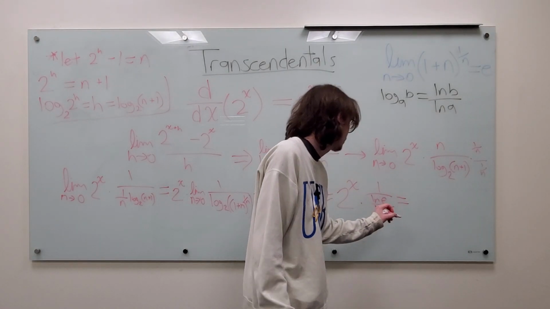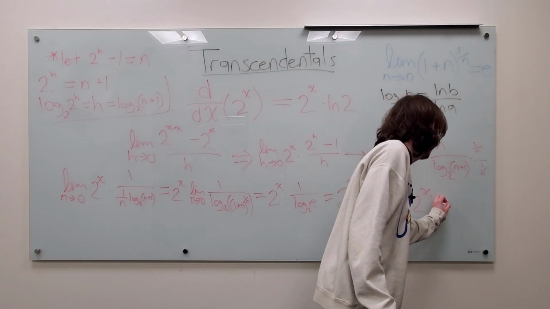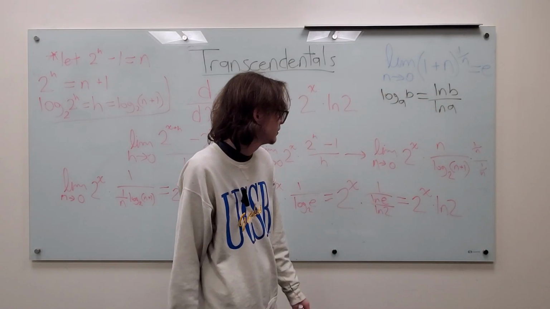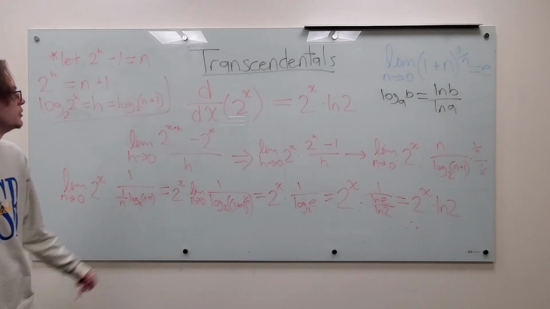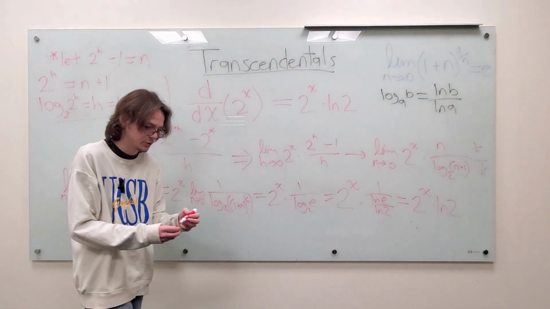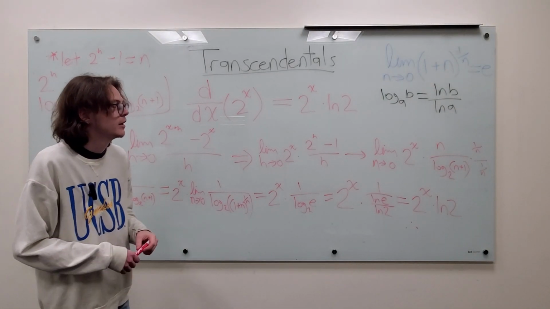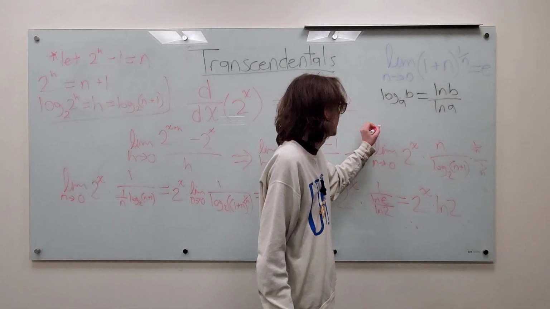And so finally, this will give us 2 to the x times the natural log of 2. Thus, it is proved that the derivative of 2 to the x is 2 to the x times the natural log of 2. Once again, this can be generalized for any function.